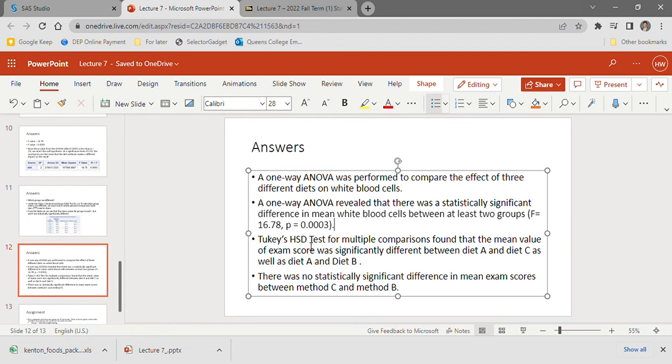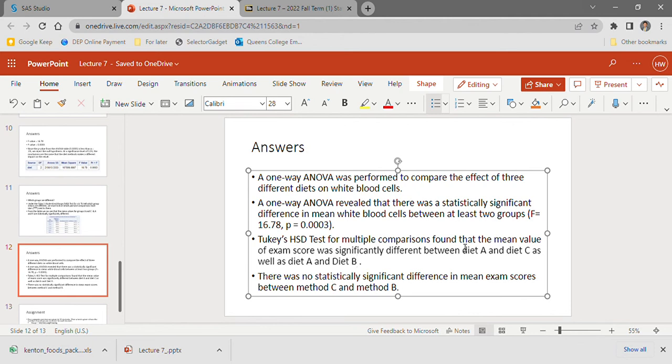Tukey's HSD for multiple comparisons found that the mean value of exam scores was significantly different between diet A and diet C, as well as diet A and diet B. There was no statistically significant difference in mean exam scores between method C and method B, right?